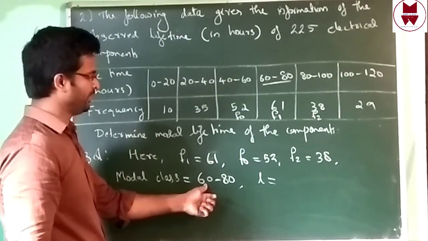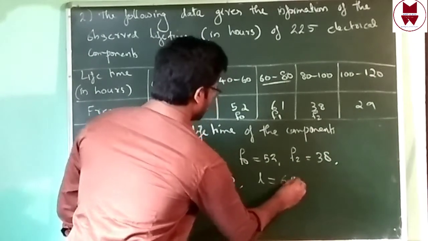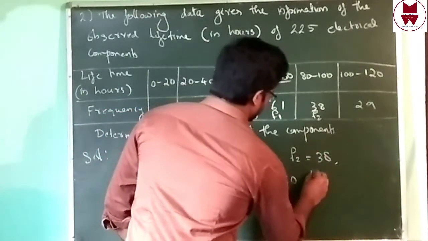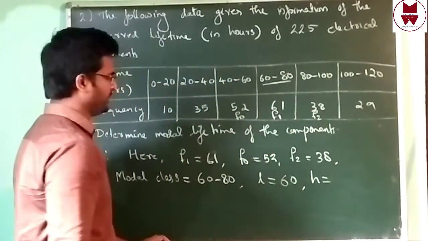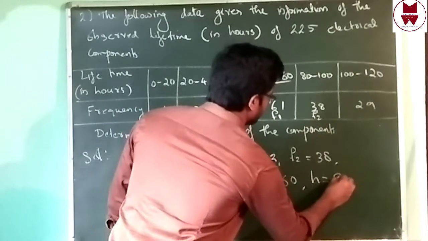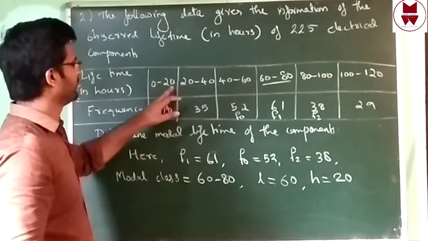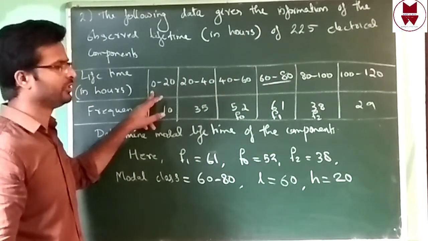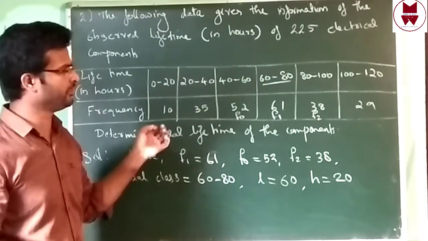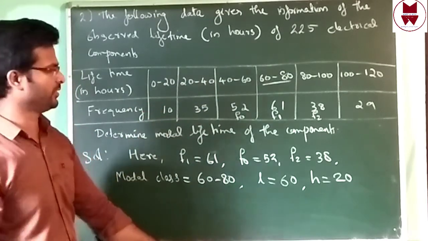What is lower limit? 60. 60 is lower limit, 80 is upper limit. Then h. h means class width. We can find out from here 80 minus 60, you will get 20. From anywhere. From here also 20 minus 0, 20. Otherwise from here 40 minus 20, you will get 20. Class width will be always equal.